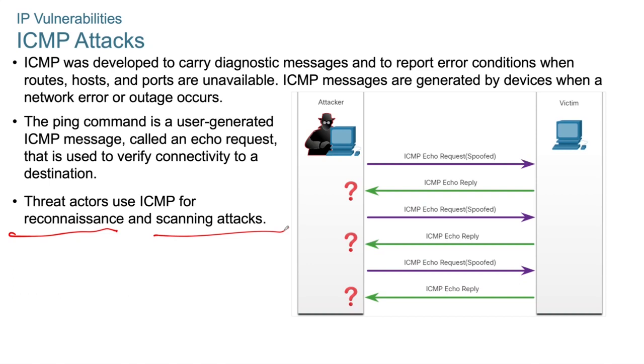Threat actors also use ICMP for denial of service or distributed denial of service attacks. We'll see in this figure that ICMP version 4 and ICMP version 6 are susceptible to this type of attack. Upon receiving the request, the victim replies with an echo reply packet, so it is a continuous process.